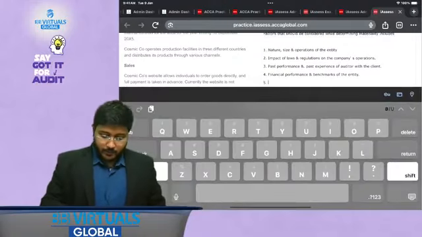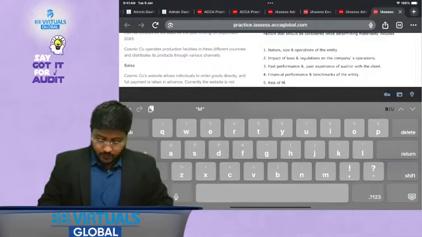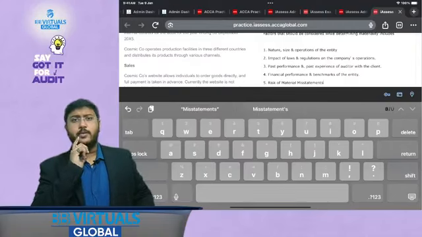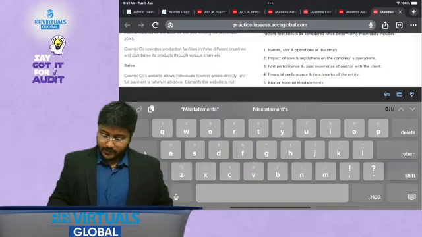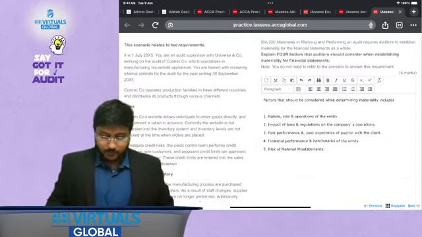Fifth one is the risk of material misstatements. Ideally, you should also write one answer that the higher the risk of material misstatements, the lower would be the materiality, and vice versa. This is something that you should ideally write. Okay, so with this we have completed this question also.